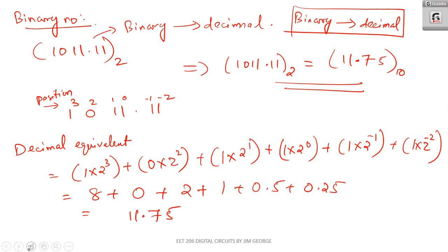Now, how to count the binary numbers? That is the next part. So I will deal with the first 32 binary numbers. So we will deal with binary counting. Okay.